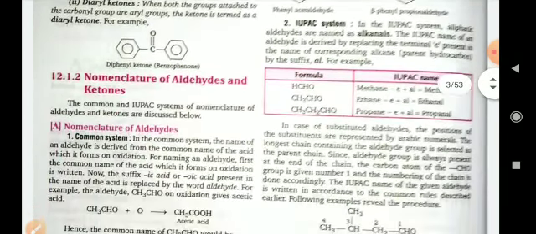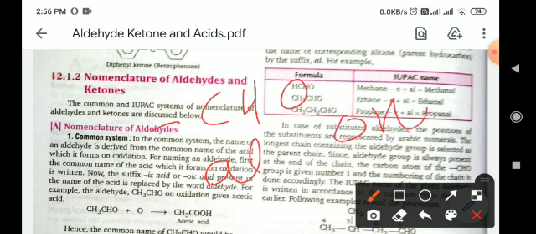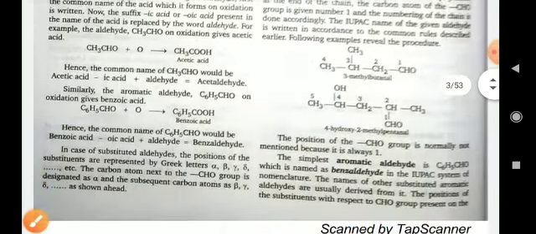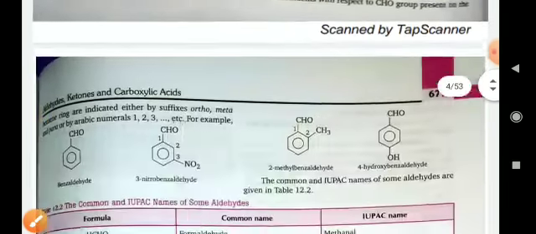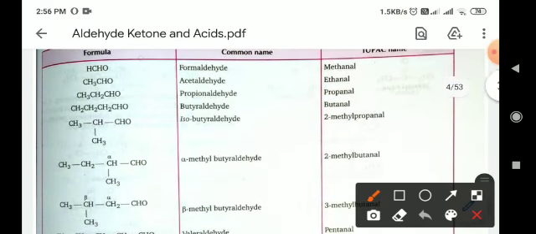Okay, now come to the nomenclature of aldehydes and ketones. For CHO, the aldehyde group, we use the suffix al, and for ketones we use the suffix one during naming. So here are some examples and their IUPAC names. For example, HCHO, commonly known as formaldehyde, has the IUPAC name methanal because there is one carbon.